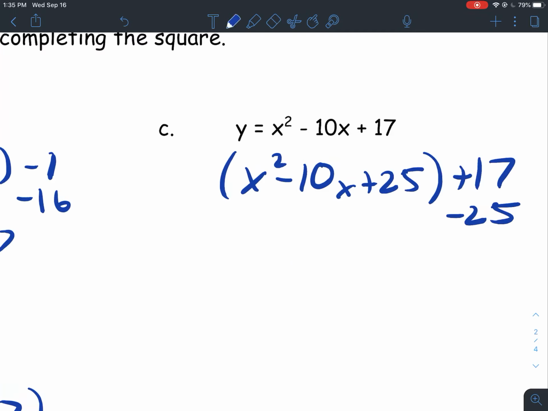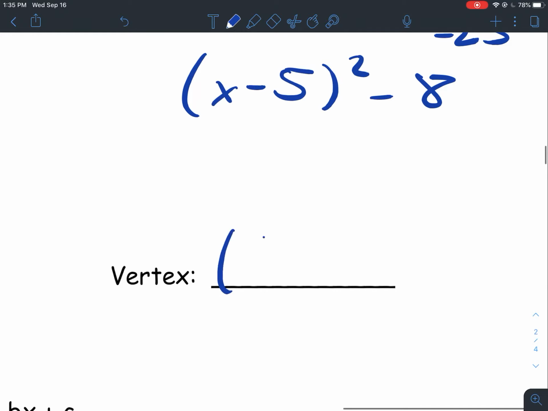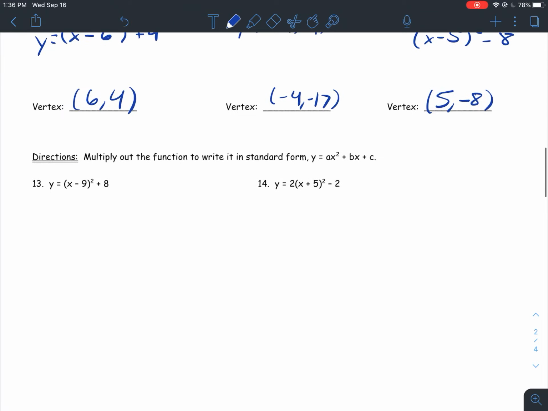We end up with (x minus 5) squared, and then we combine positive 17 and negative 25, we end up with a minus 8. So our vertex is 5, negative 8. All right, so that is one method to finding the vertex from standard form, which would be to complete the square. So we're going to do a lot of completing the square practice tomorrow.